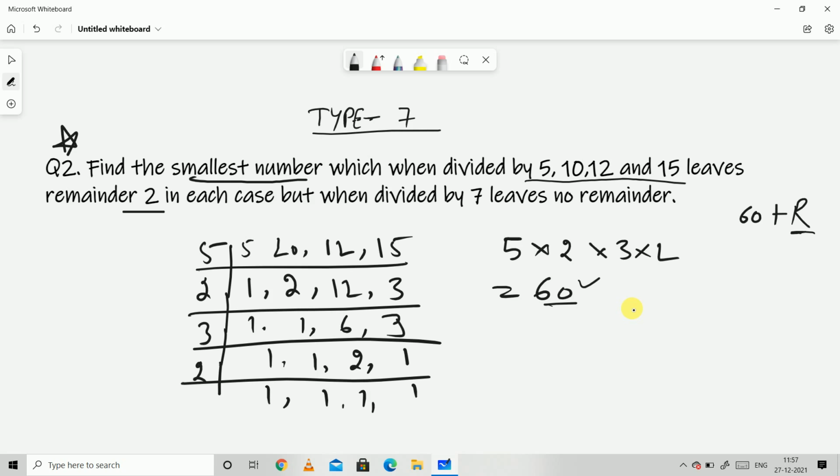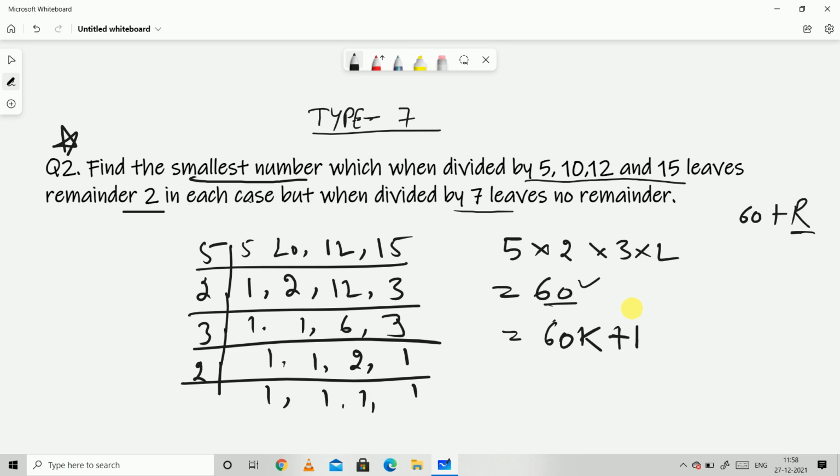So if I want a remainder of 2 in each case, then I will just add 2 to the 60. But here one more thing is there. They are saying that when it is divided by 7, it is leaving no remainder. So how we'll proceed is, can we write this 60 as 60k plus 2?